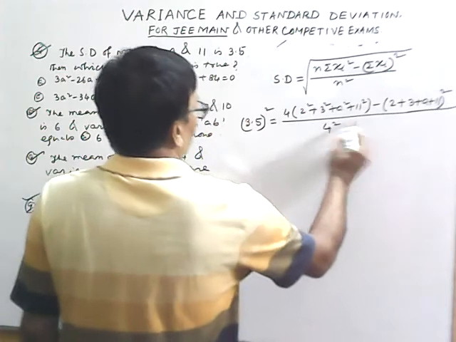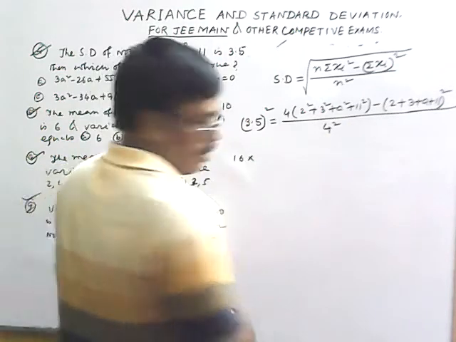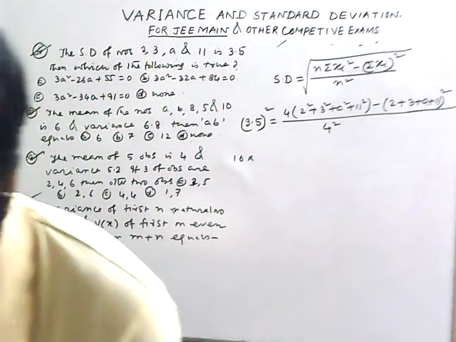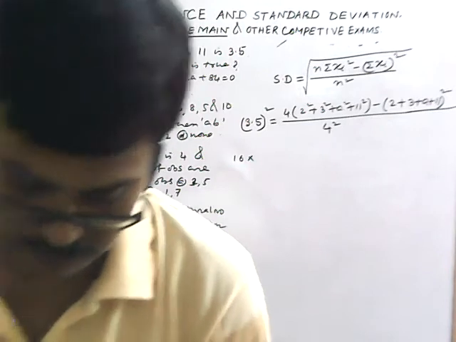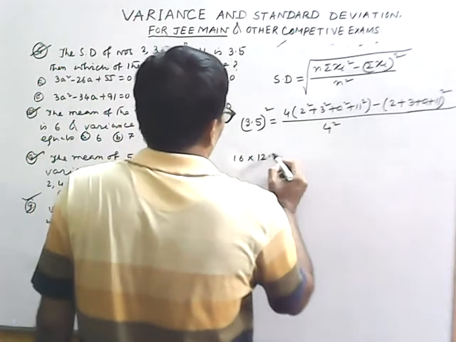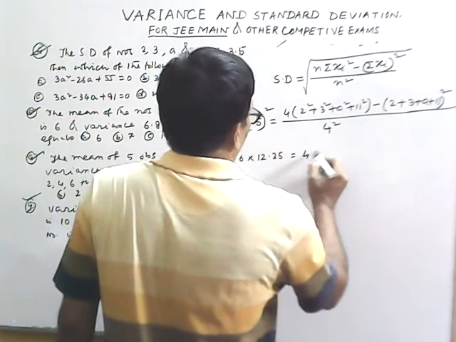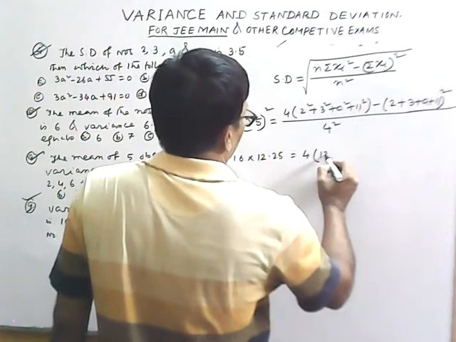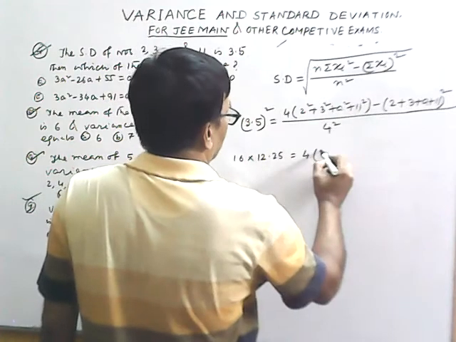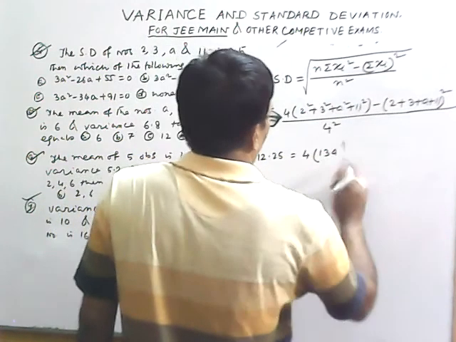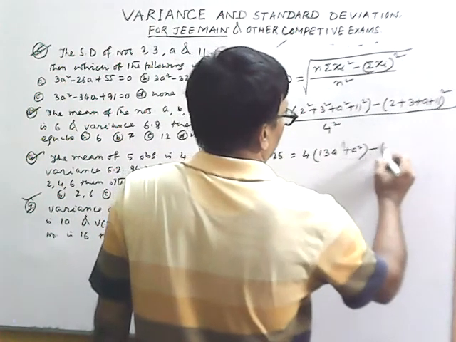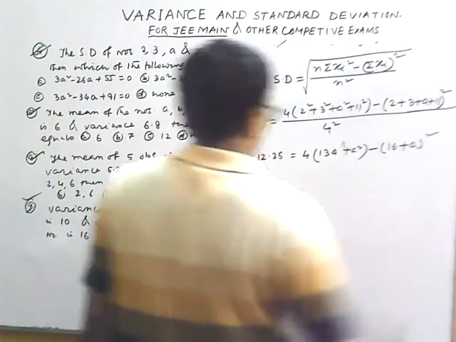So this is 4 square. So 16 into 12.25. So this is 4 into 1 plus 9, 130, 134 plus a square equals 16 plus a whole square.